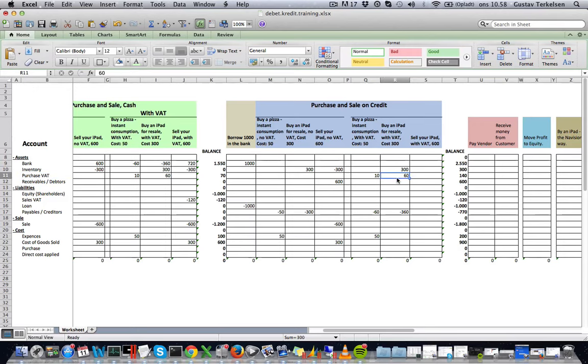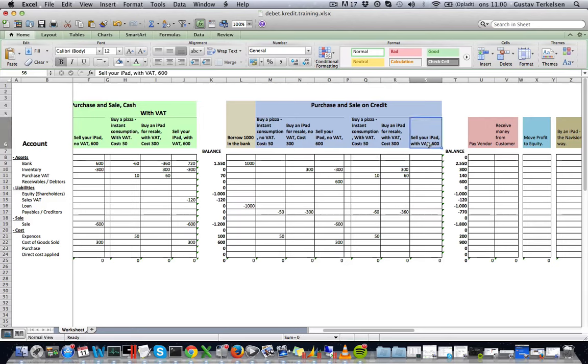And what this means is that although we eventually need to pay our iPad vendor 360, we can actually get 60 of those back from the tax authorities, and the remaining 300 is still sitting in inventory. So this doesn't really have any negative impact to our company, nor does it really have any positive. It's just a rearrangement of our assets or the values in the company.